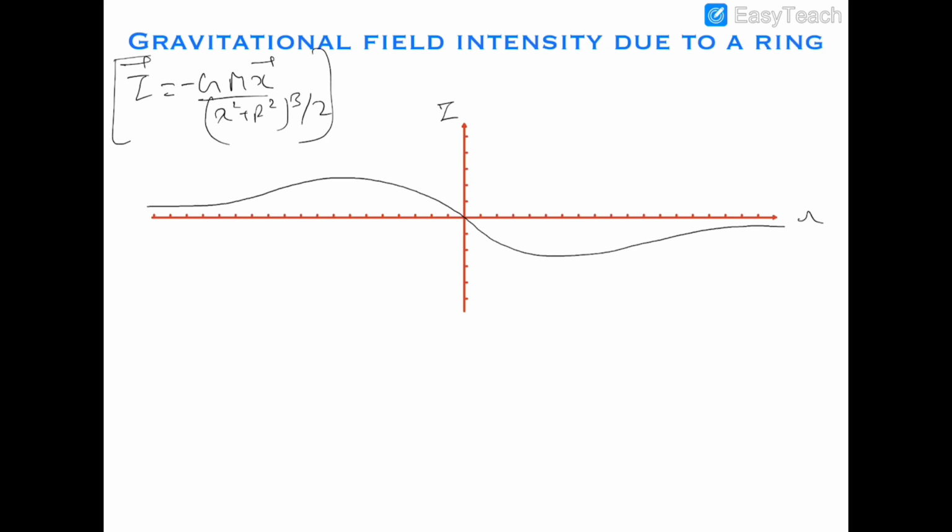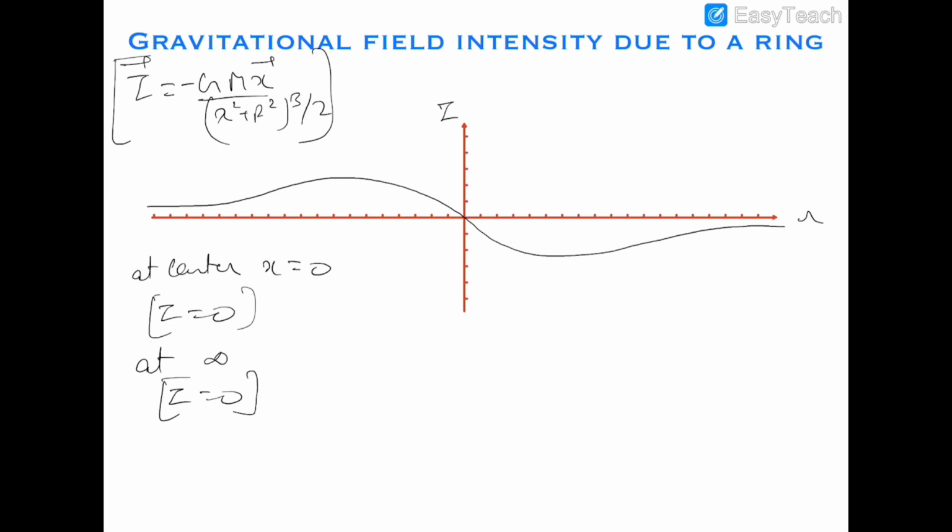So therefore, you can also see that at the center, x would be 0, so I would be 0. Now at infinity also, x tends to infinity, I would be 0. So the gravitational field intensity would be 0 twice, once at center and once at infinity.